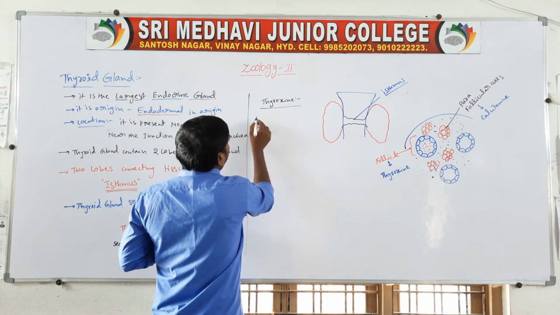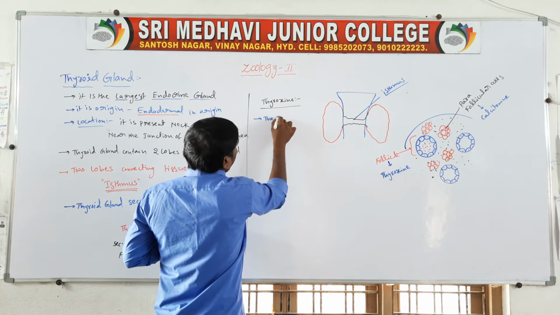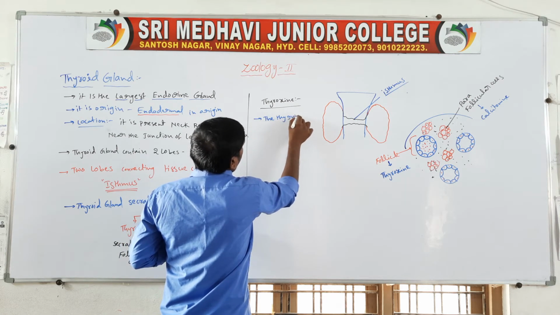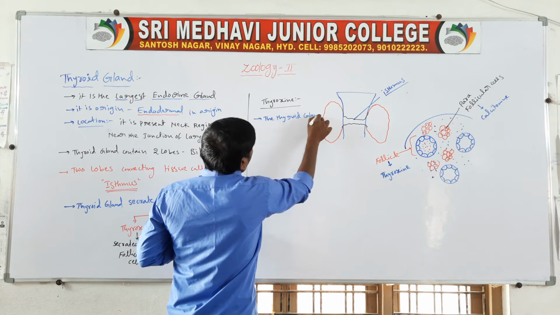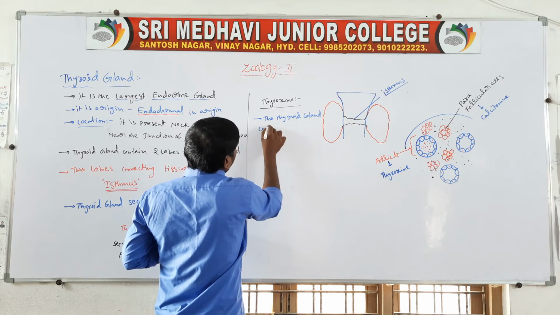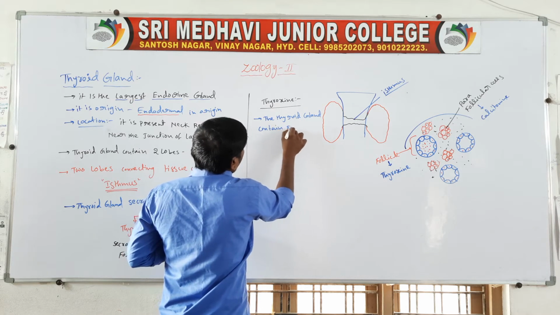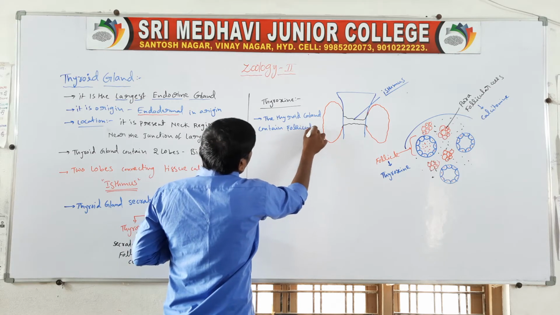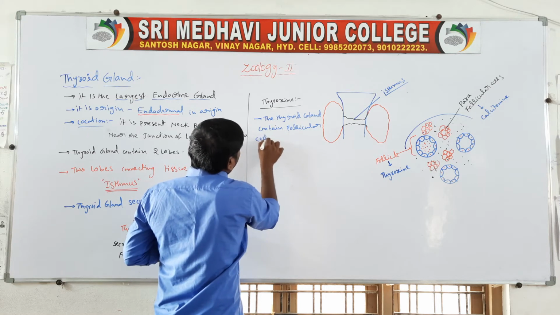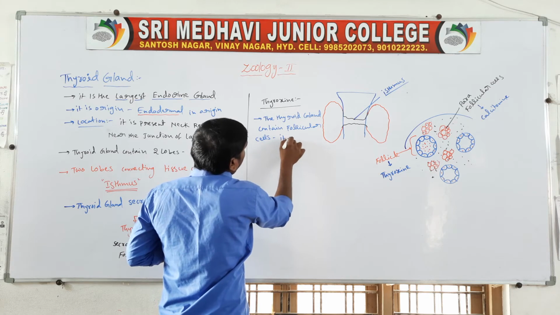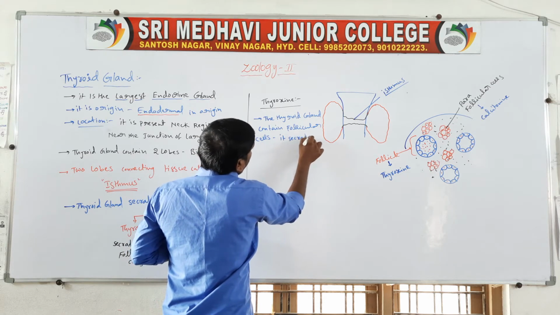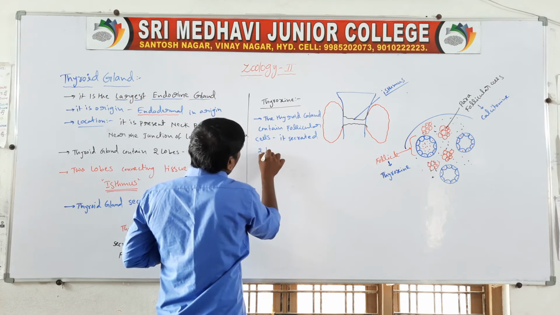The thyroid gland contains follicular cells, which secrete two hormones.